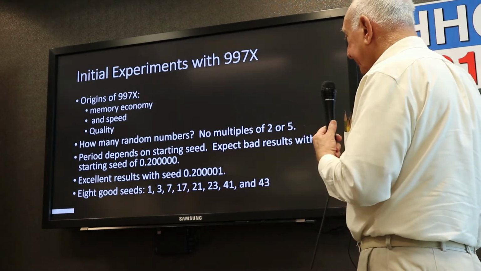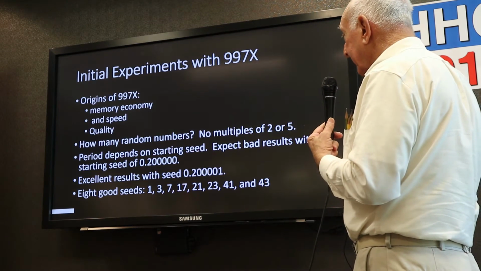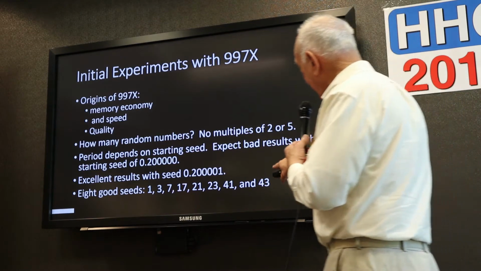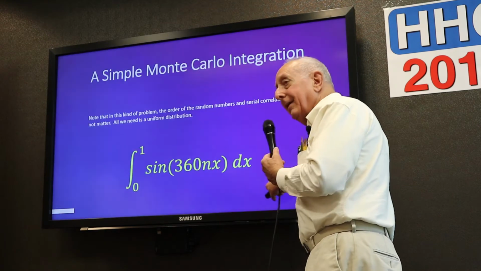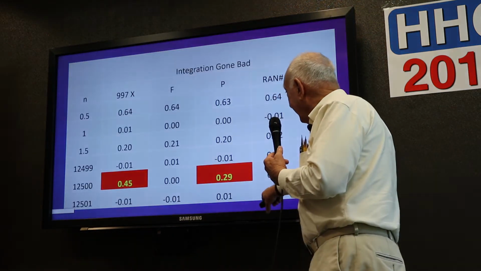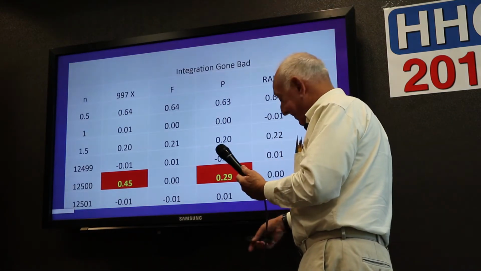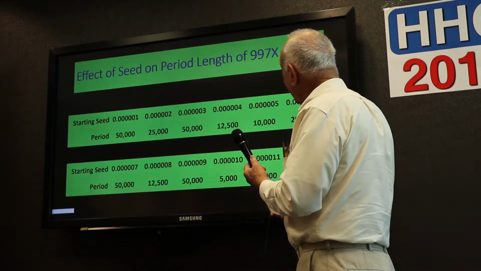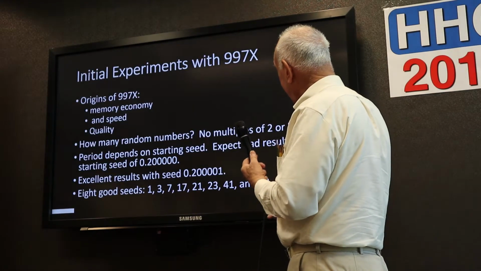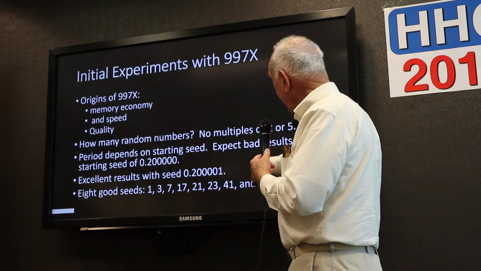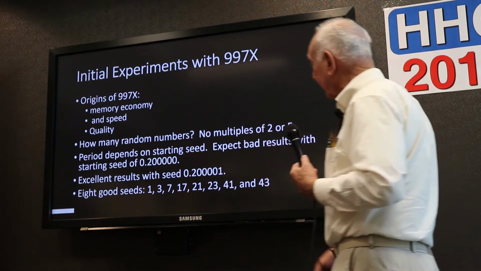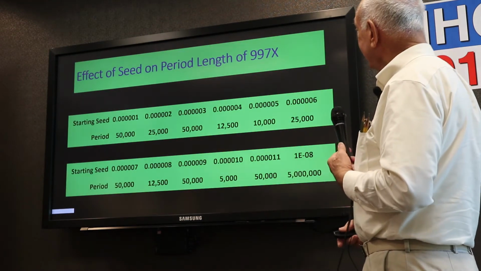And it turns out there's 8 good starting seeds. Now I multiplied these by 1,000,000 just so we can work this out. What did I do? Don't touch the screen. So I found these are the good starting seeds.